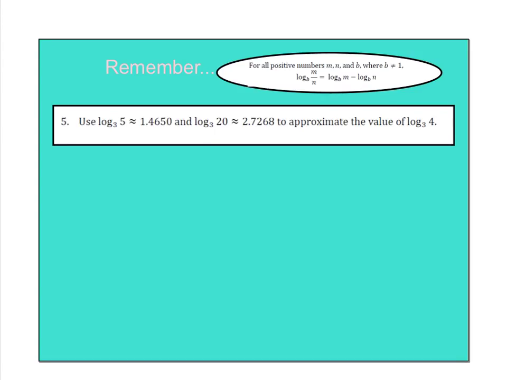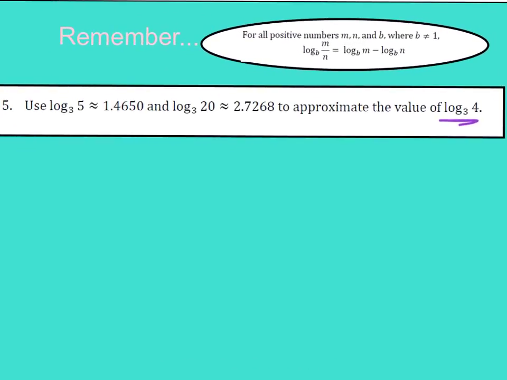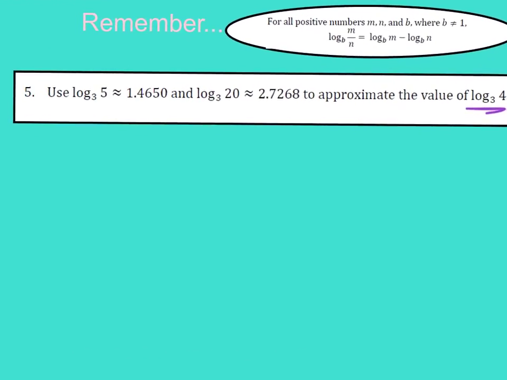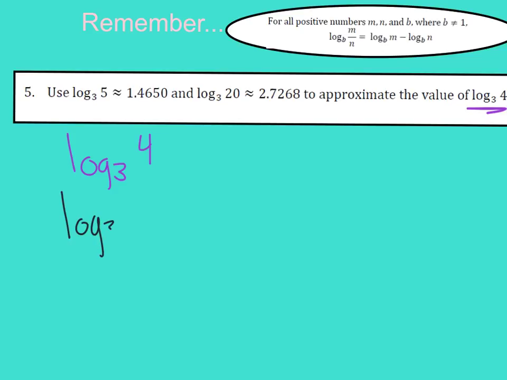So if I look at this, figure out the approximate value of log base 3 of 4. Well, log base 3 of 4, this is where you got to get a little clever. Log base 3 of 4, I could rewrite that as log base 3 of 20 divided by 5. Okay, 4 can be rewritten as 20 divided by 5. That's fine.